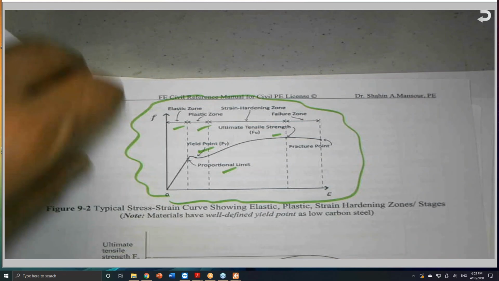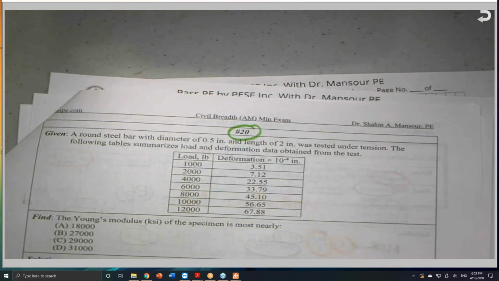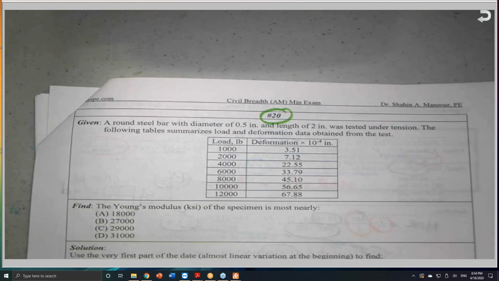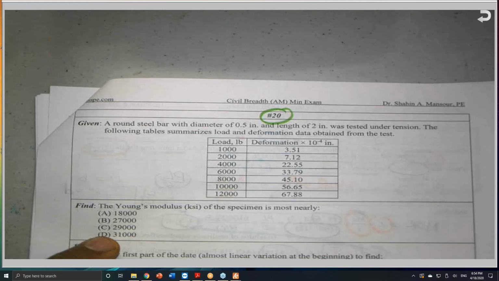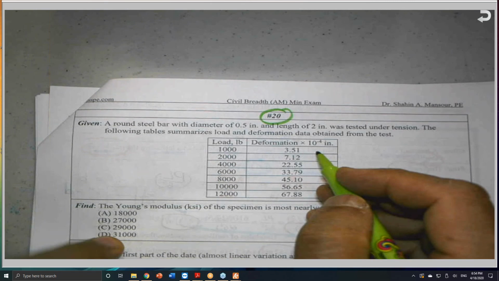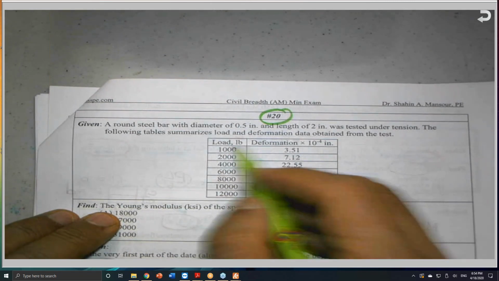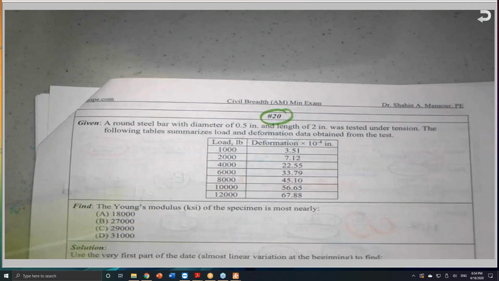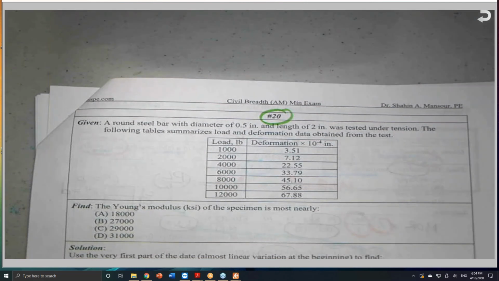When we do this, we collect data, and I give you some data collected in the lab, load and deformation. So normally we do have this kind of specimen, as you remember from school. Let me show it to you.